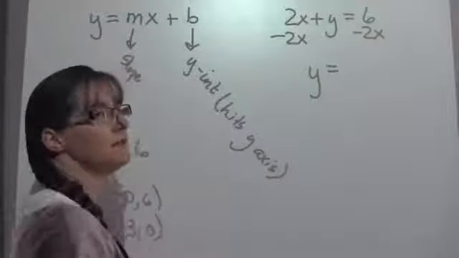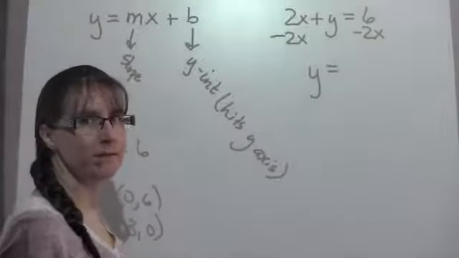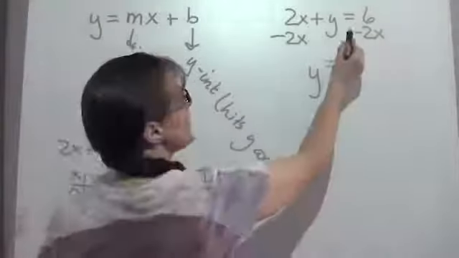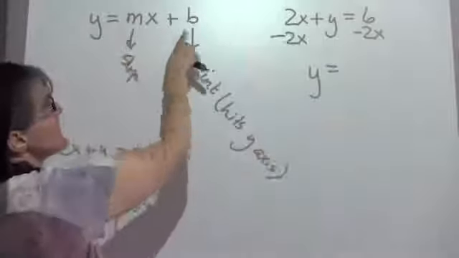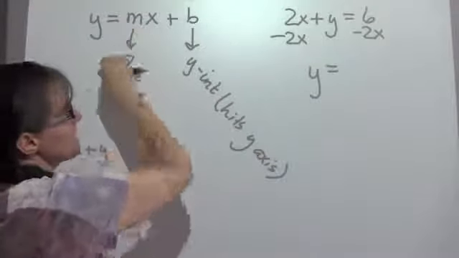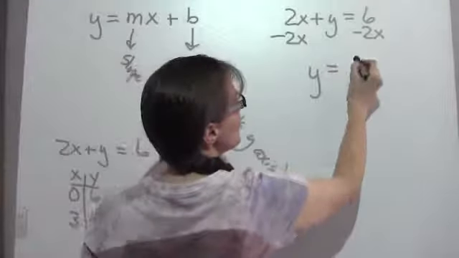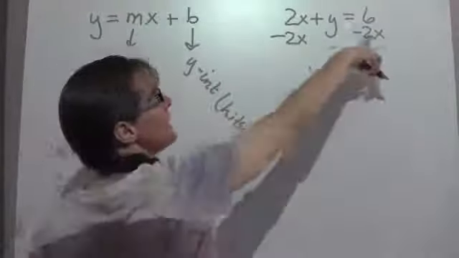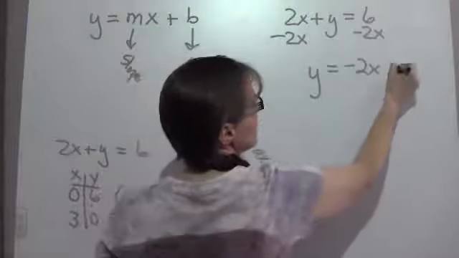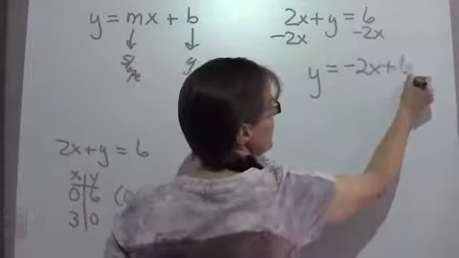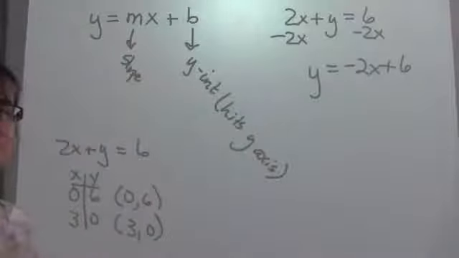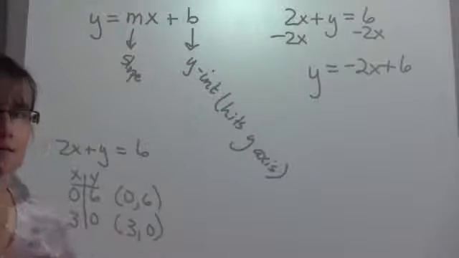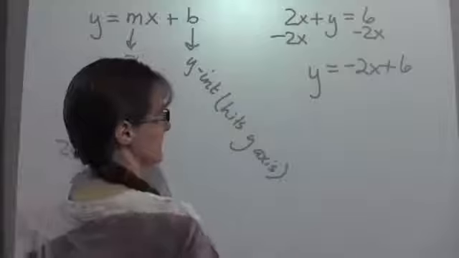You cannot put x's and numbers together. You have to just simply write them as is. So I want to put it in slope-intercept form, I want to put my x's first. So that means I'm going to put down a negative 2x, keeping my sign. And notice that this is a positive 6. So plus 6. Now I have it in slope-intercept form. y equals negative 2x plus 6.